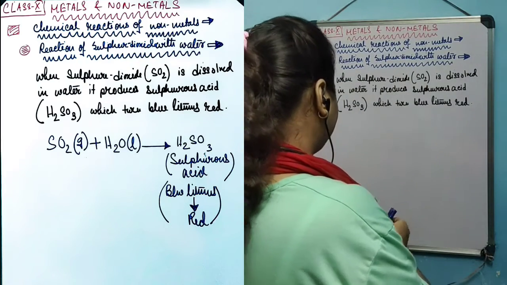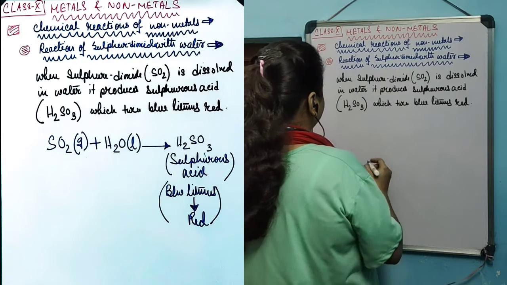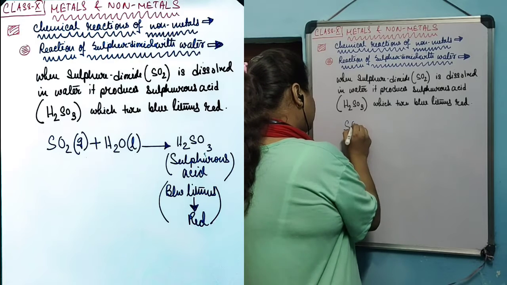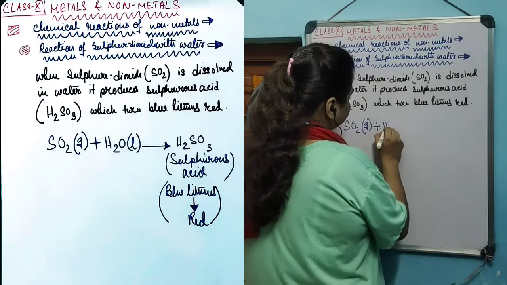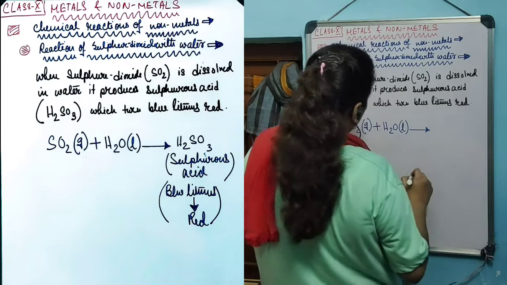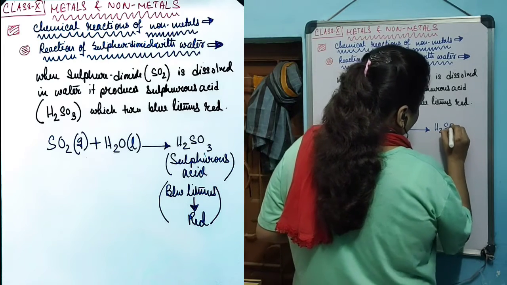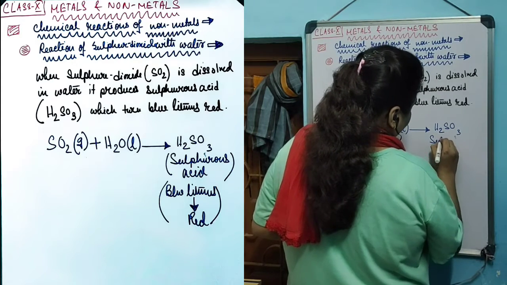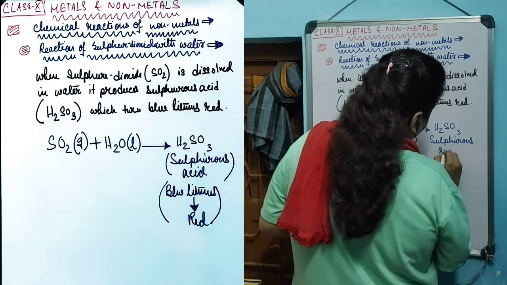What is the chemical reaction? SO2, which is gaseous in nature, plus H2O liquid, produces H2SO3, sulfurous acid.